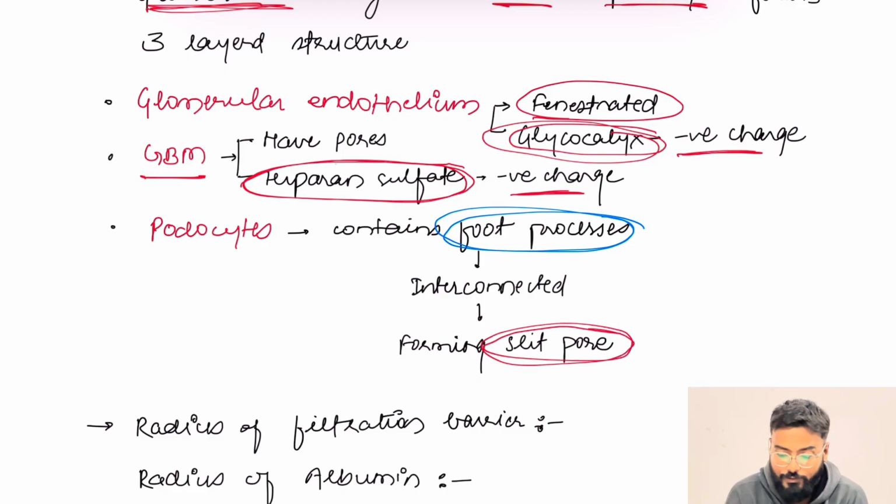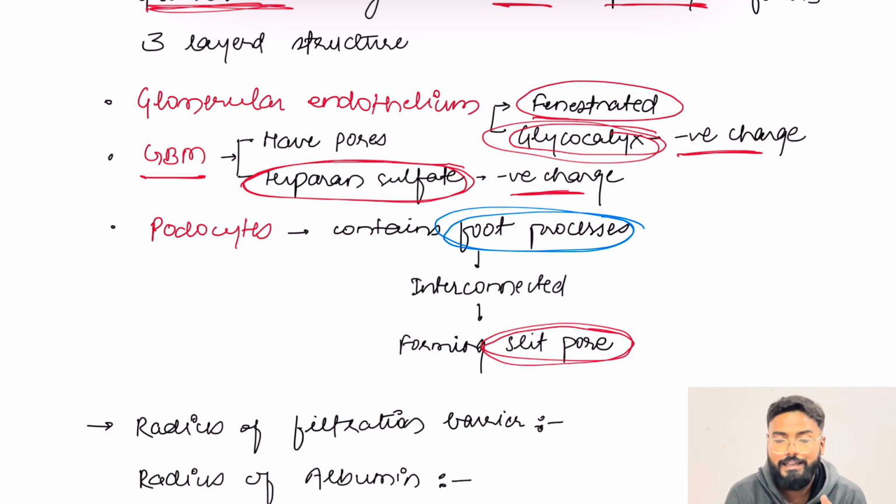So we saw that all these three structures, your endothelium, your basement membrane, and your podocyte foot processes, all contain some space for the filtrate to pass through.